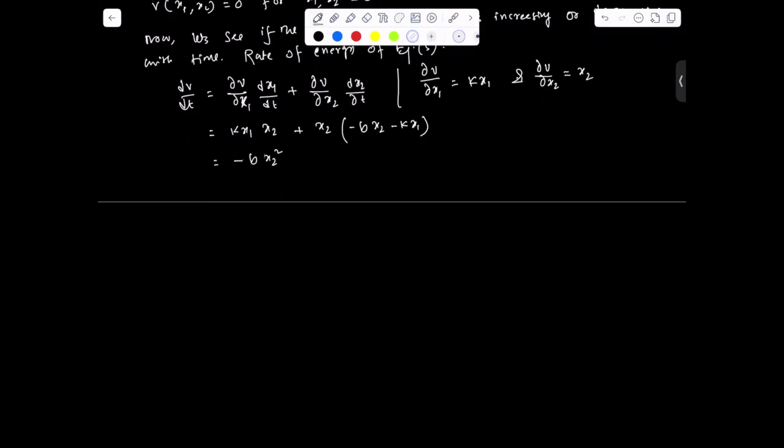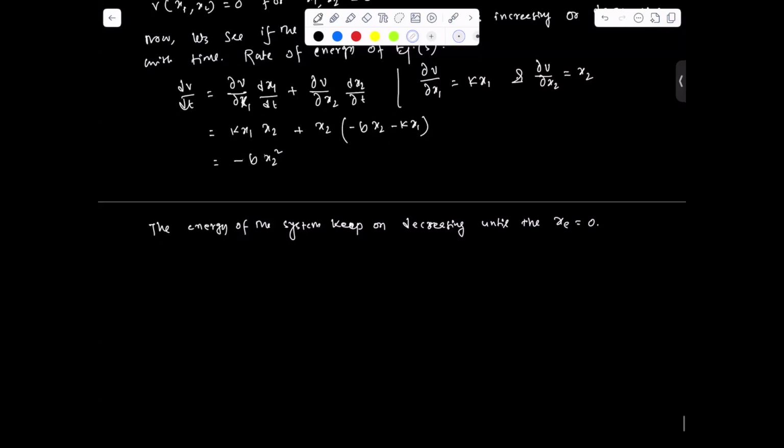So the energy of the system keeps on decreasing until the equilibrium condition equal to 0.